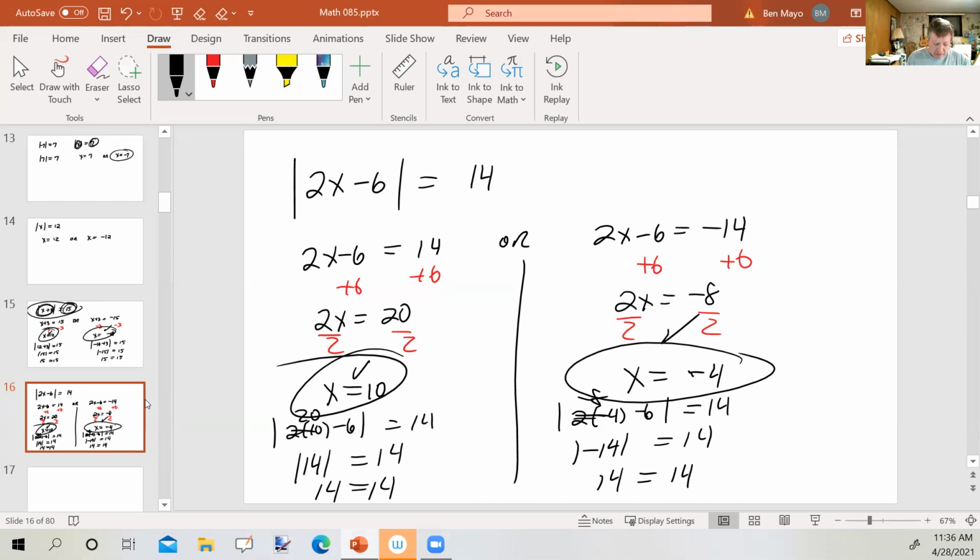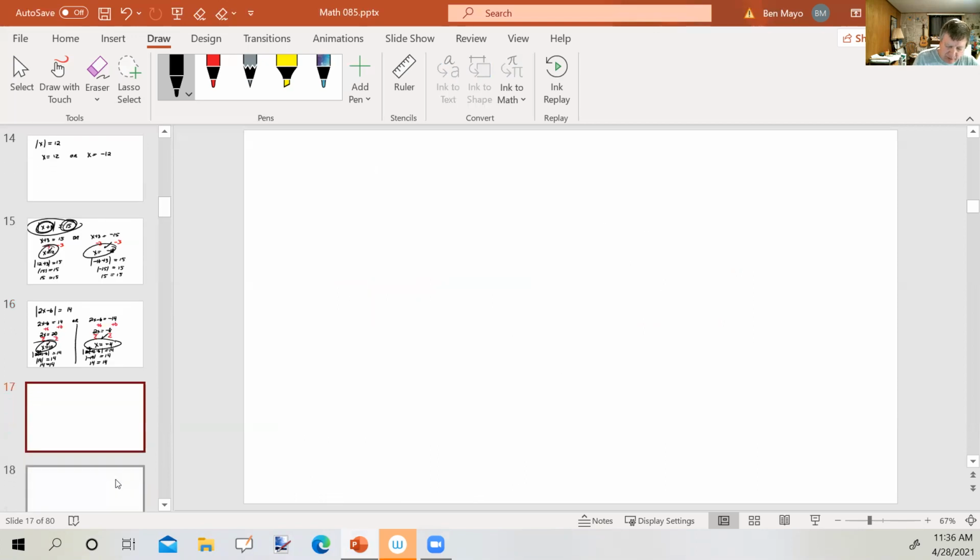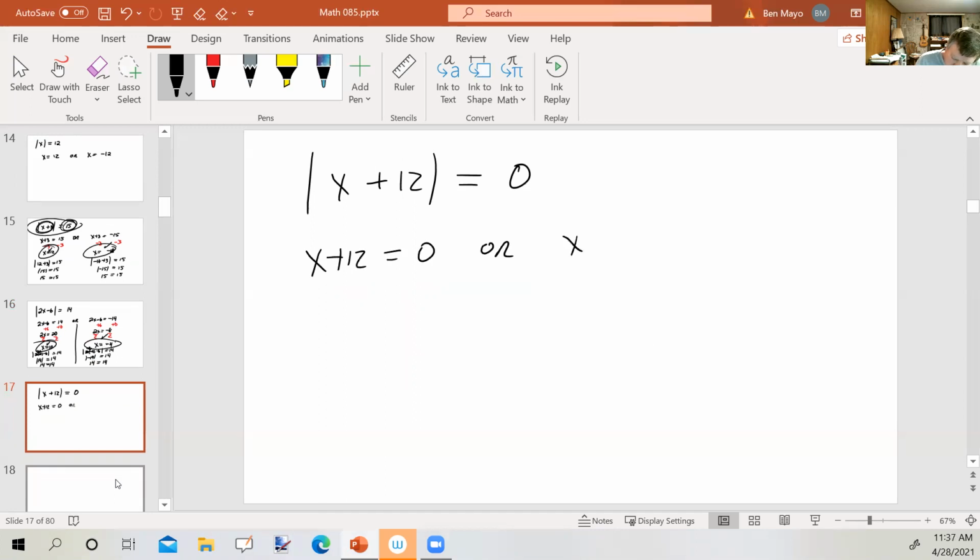All right, let's say we've got this situation. We've got an absolute value equal to 0. So what's inside would have to equal 0, or what's inside would equal the opposite of 0. However, the opposite of 0 is just 0, so we really have the same equation twice.